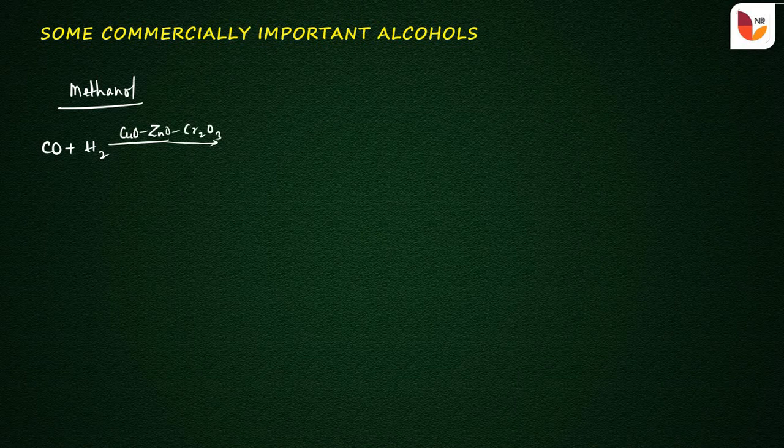So it is called a catalyst. And at high pressure, around 200 atmospheres, and the temperature is 573 Kelvin. So at this temperature, methanol, CH3OH, is prepared.